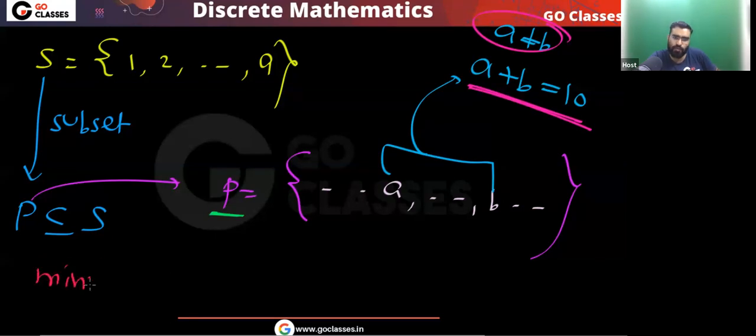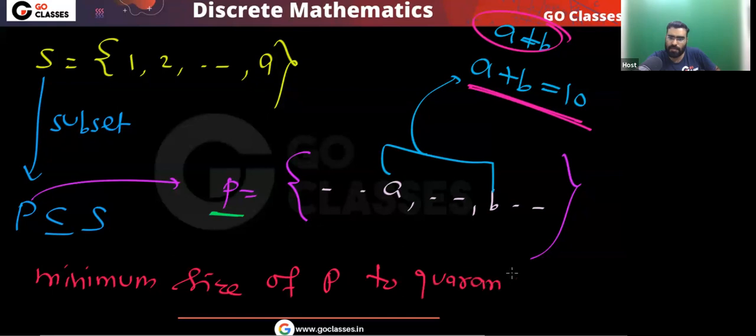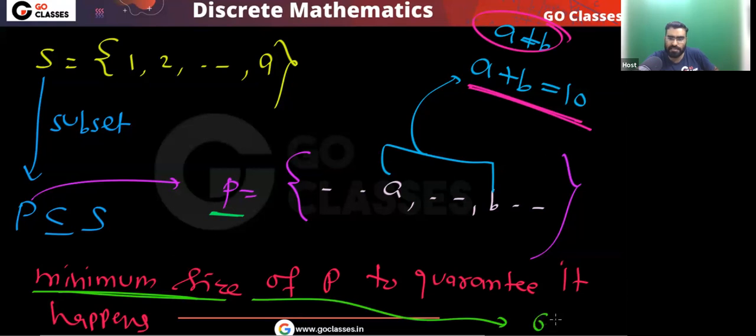So what is the minimum size of P to guarantee it happens? That will be 6. One more thing, very interesting.